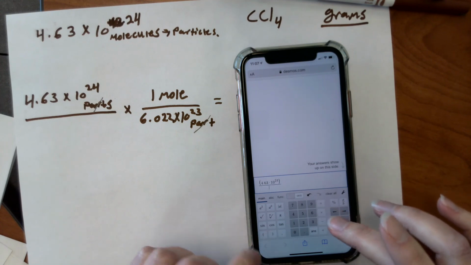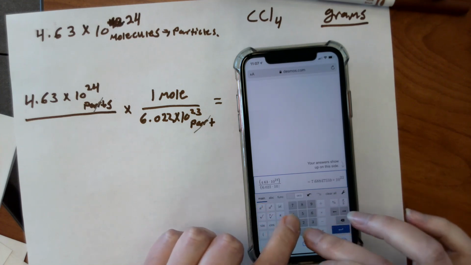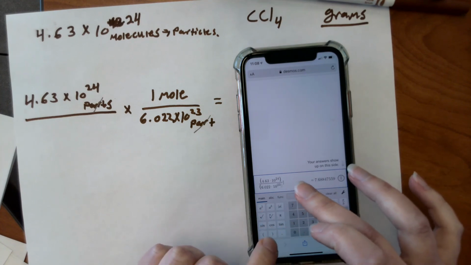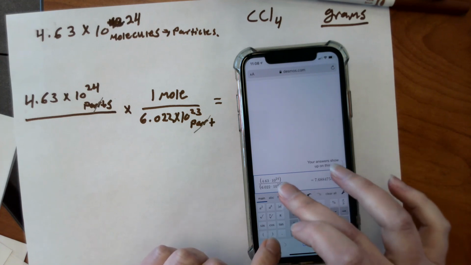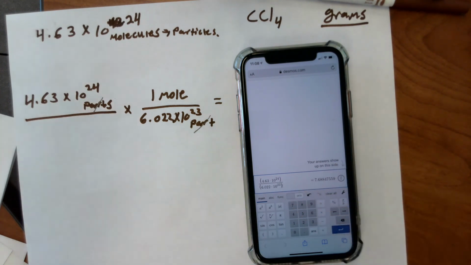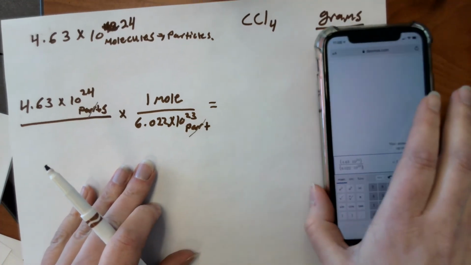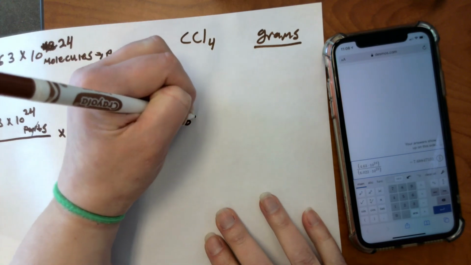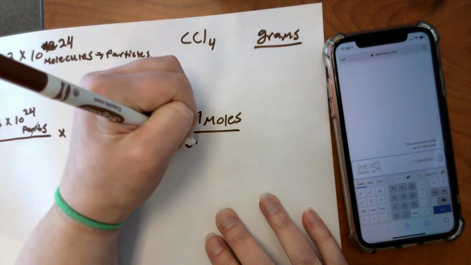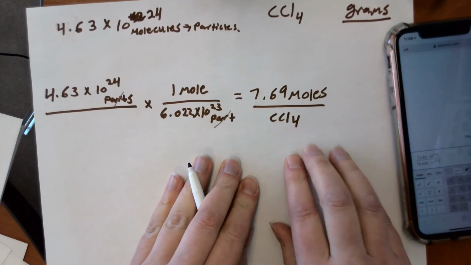And we're going to divide that by our 6.022 times 10 to the 23rd particles, to get how many moles of this substance we have. So we have 7.69, say, moles of CCl4.